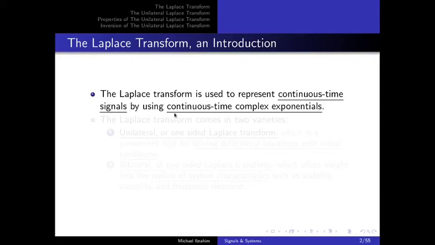And this is done by expressing or representing the continuous time signals by using continuous time complex exponentials. This complex exponential will take the form e to the power st, where s is a complex variable.